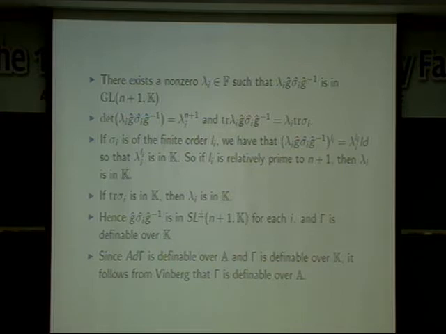So if sigma i is of finite order Li, we have that this product to the Li is equal to lambda i to the Li times identity, so that lambda i to the Li is in K. So if Li is relatively prime to n plus 1, then lambda i is in K.